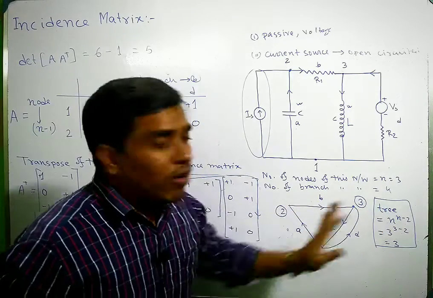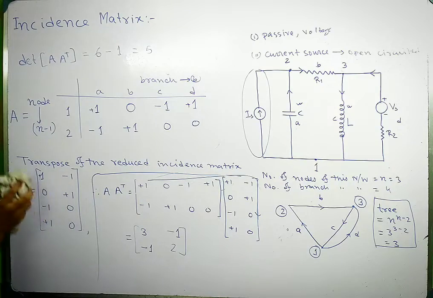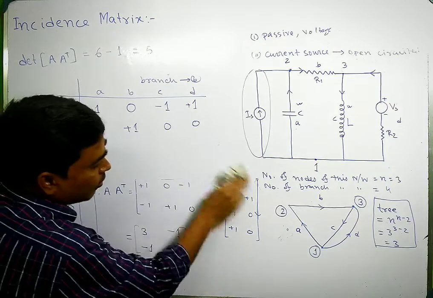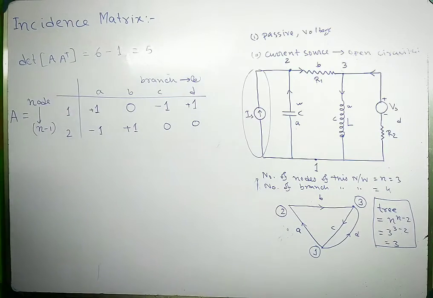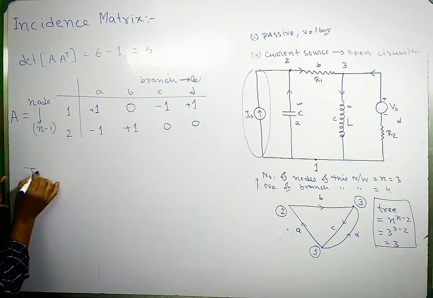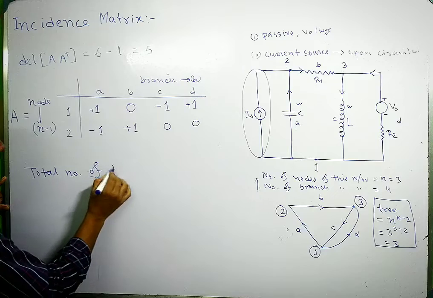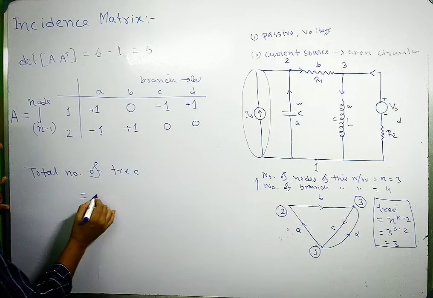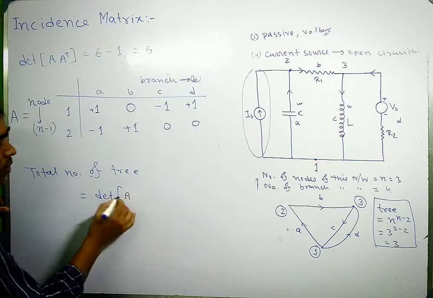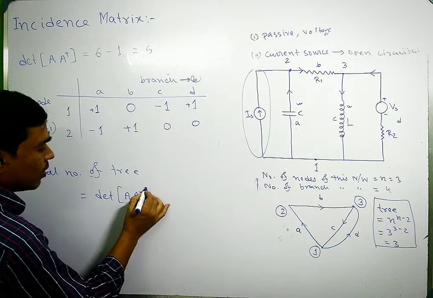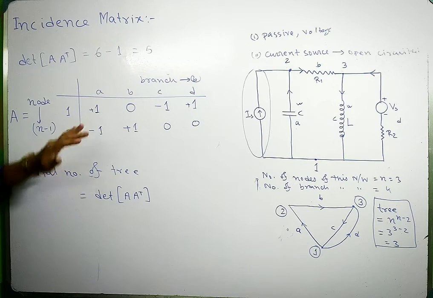So the total number of trees will be the determinant of the multiplication of the reduced matrix with its transpose.